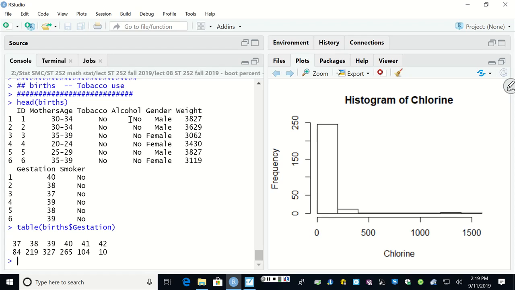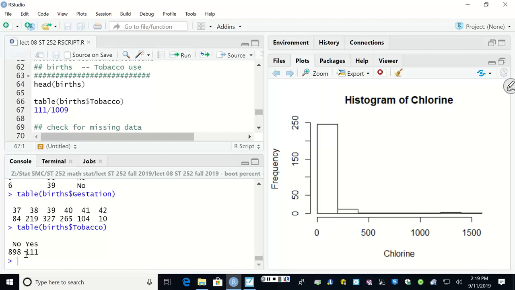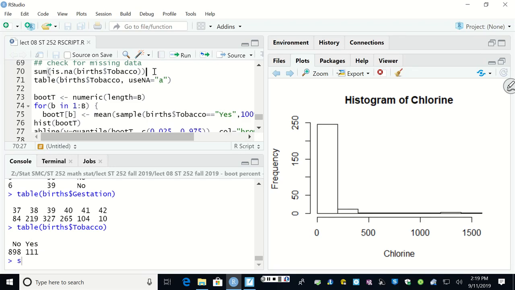We could be interested in something like the proportion of mothers who use tobacco. If you tabulate it, 100 yes, 898 no. Are there any missing? Let's check for missing. is.na applied to this creates a vector of trues and falses.